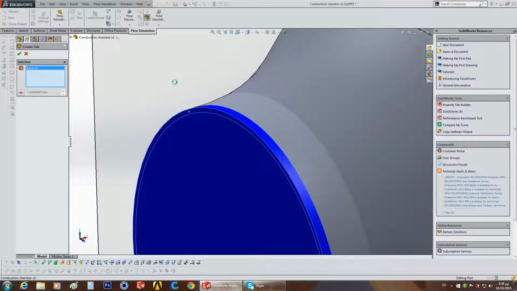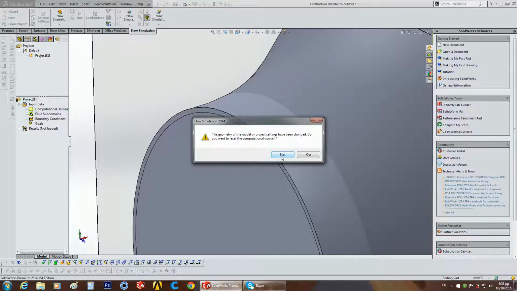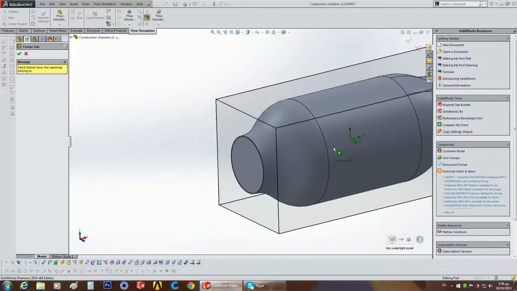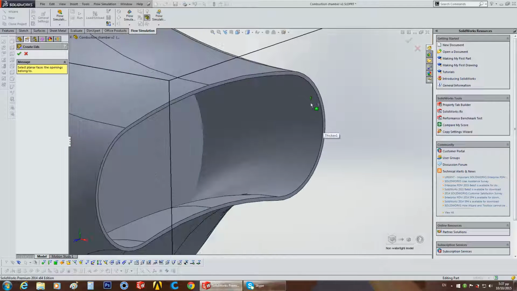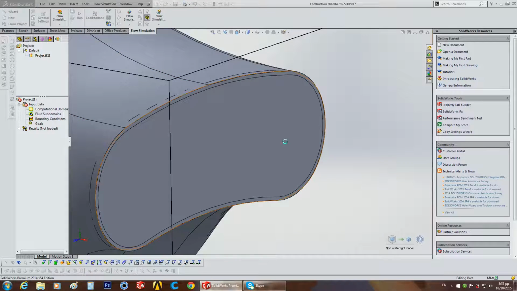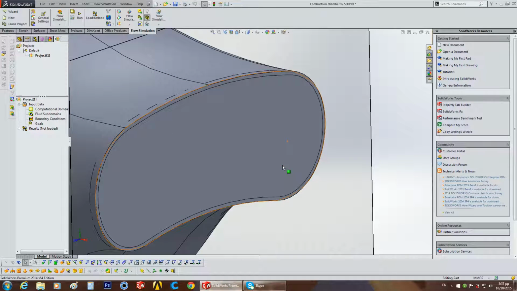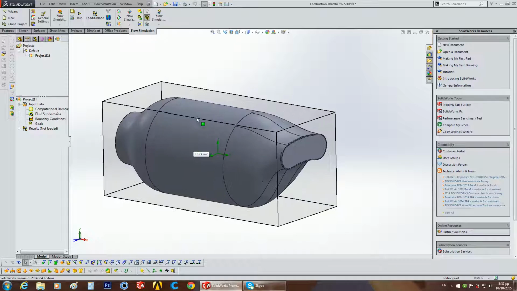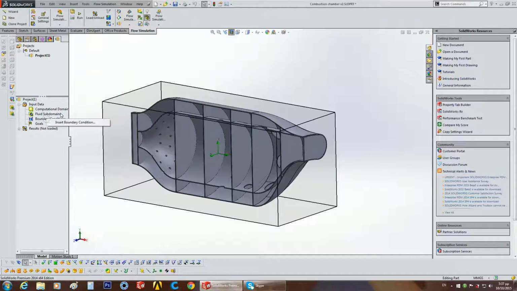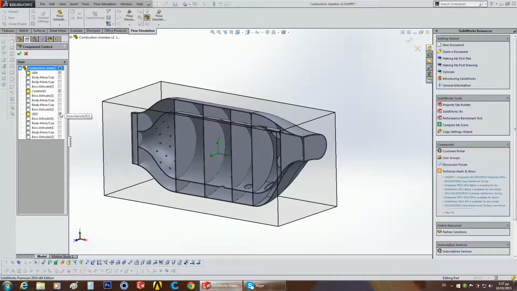So this is the input. And this is the output. We need to check that the lids are also checked in the component control.